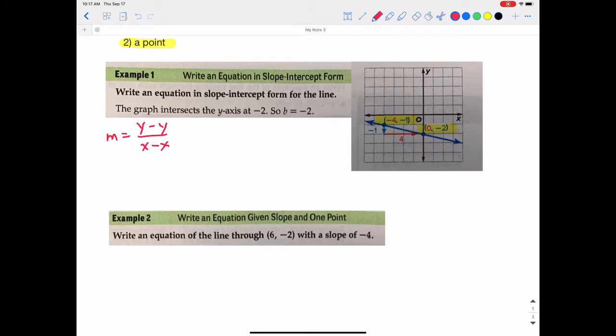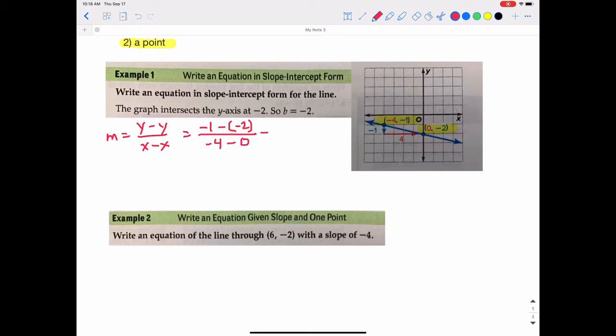So my y values are -1 and -2. So I'll have -1 minus -2 over, and then my x values are -4 and 0. And I got to do it in that order. So -4 minus 0, because since I started with a -1 on that coordinate, I have to start with the same x value on the x coordinate.